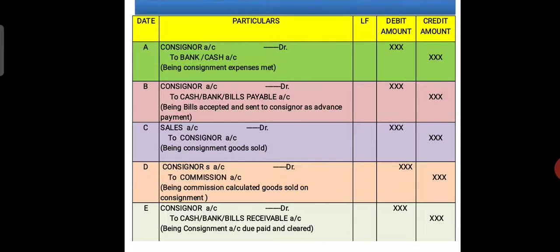Students, you see here journal entries in the books of Consignee. Before writing the journal entries in the books of Consignee, we need to prepare the journal pro forma. You know how to prepare the journal pro forma with 5 columns. First column is for date, second column particulars, third column LF number, fourth column debit amount, fifth column credit amount.